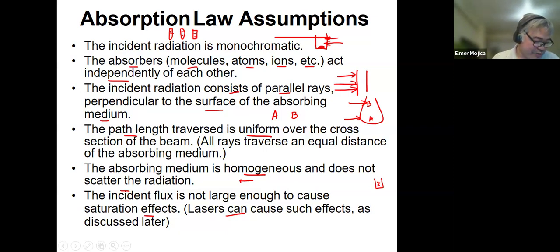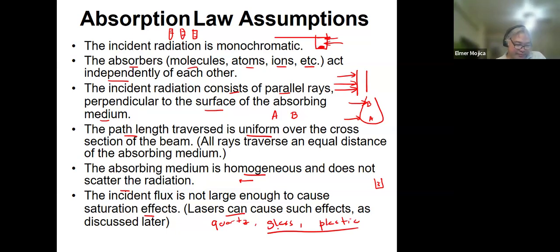Now, what else do we need to remember here? I think we need to remember also in this portion the container that we have. So usually, what do we have? Quartz, glass, and plastic as the ones that we have as cuvette. So which one is applicable in all wavelengths?